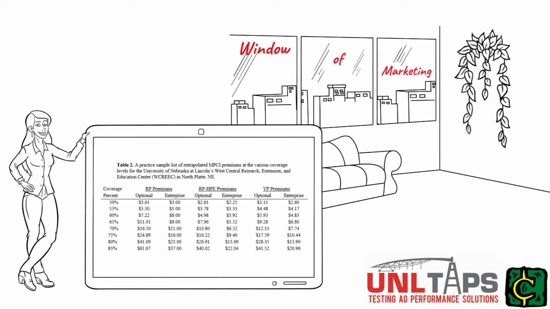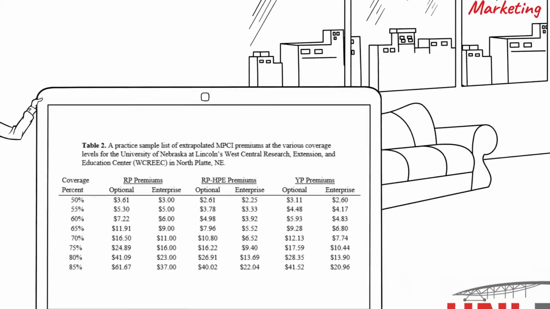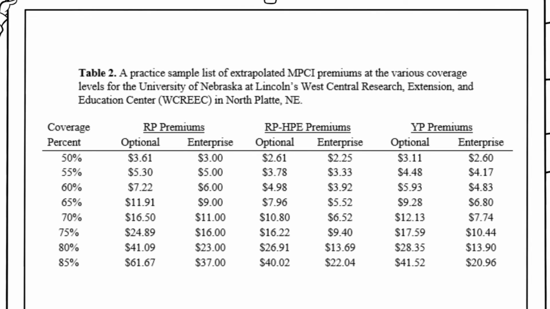This table shows the variation in different premiums with 2 of the 4 available unit types, enterprise and optional units. This table does not reflect any actual premiums, but does represent the differences among premiums by insurance type and level. Each individually insurable farm has unique conditions and location that affect the premiums that would ultimately be paid.